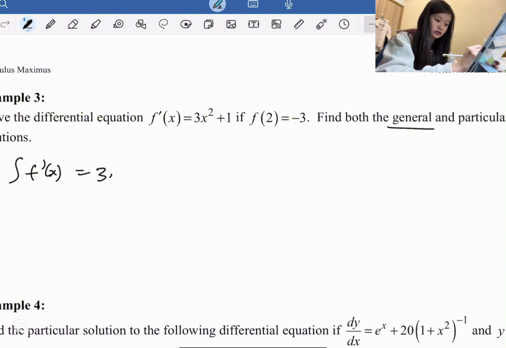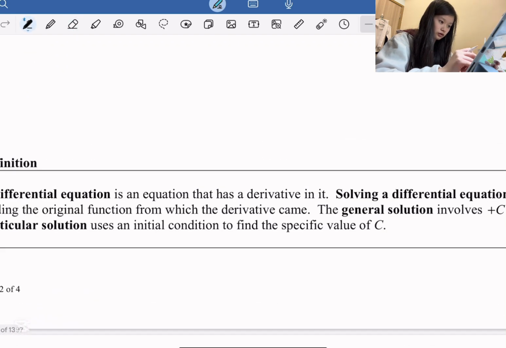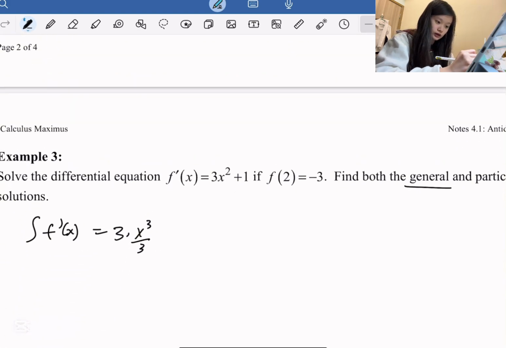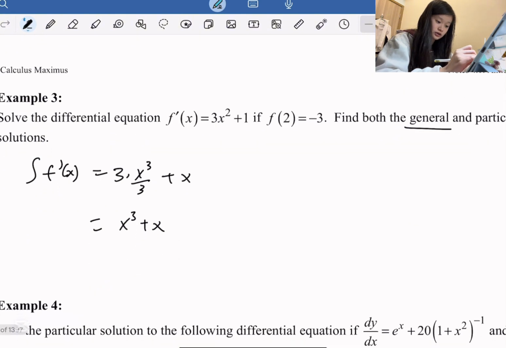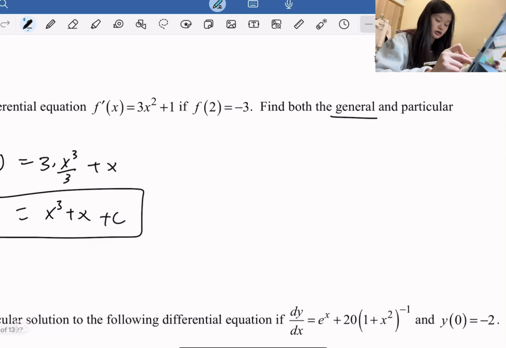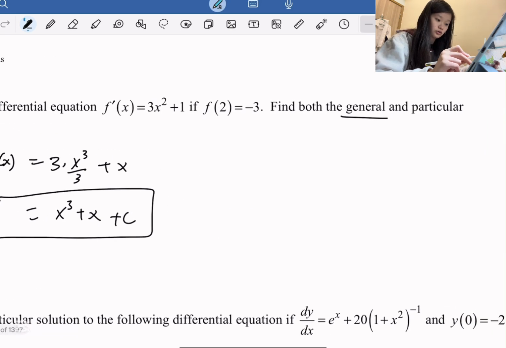And so the general solution, let's just do that first. The antiderivative of that is 3 times x cubed over 3. Did I do that wrong? No, I did it right. Plus x. So that's just x cubed plus x plus c, and that's our first general solution. And then the particular solution would be solving for c.